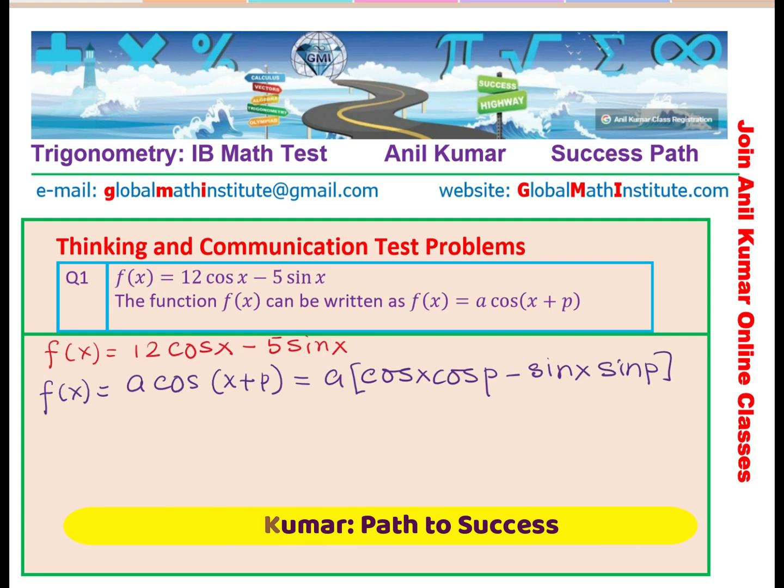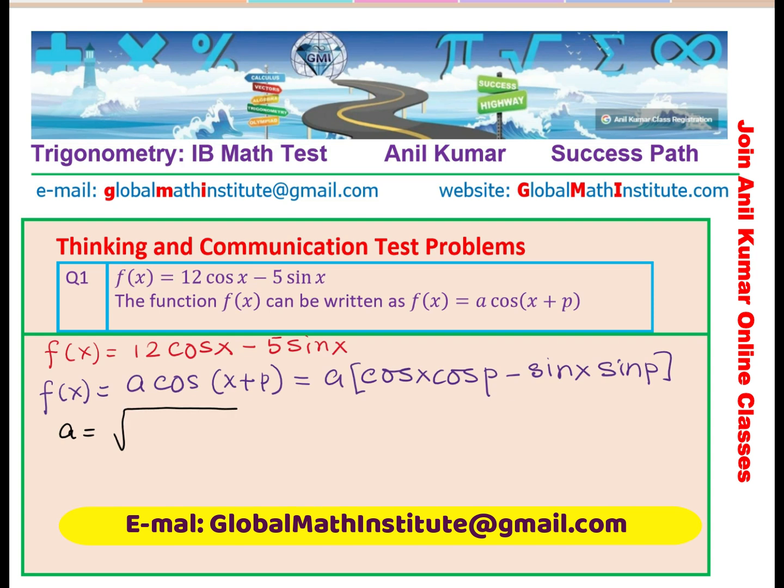So what we do here is divide, taking something common. We can say that a will be equal to the square root of 12 squared plus 5 squared.